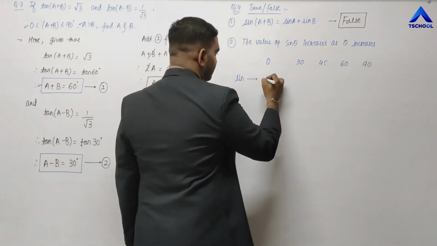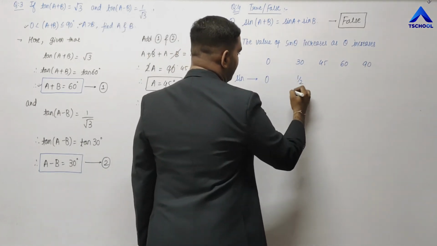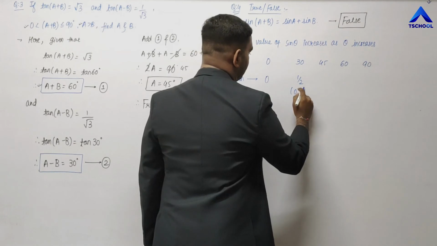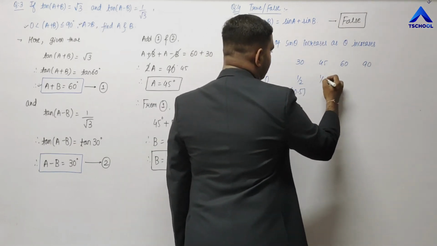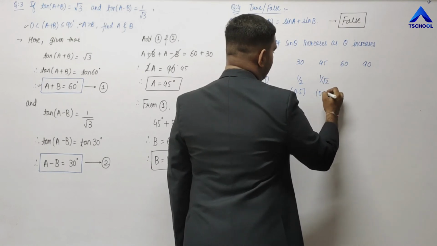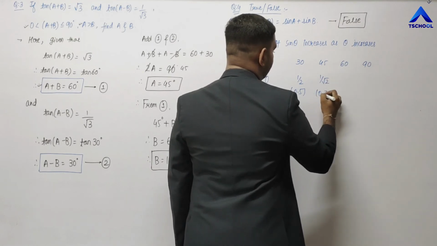Sin 0 is 0, sin 30 is 1 by 2 or 0.5. Right? Sin 45 is 1 by root 2 or 0.707.